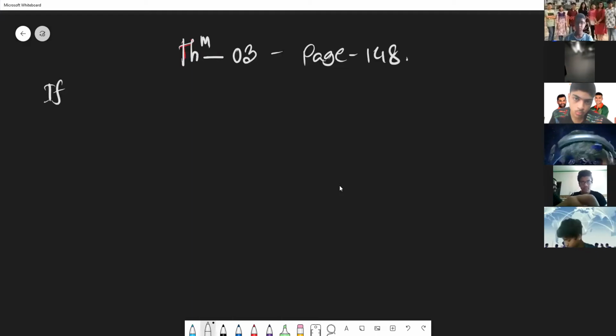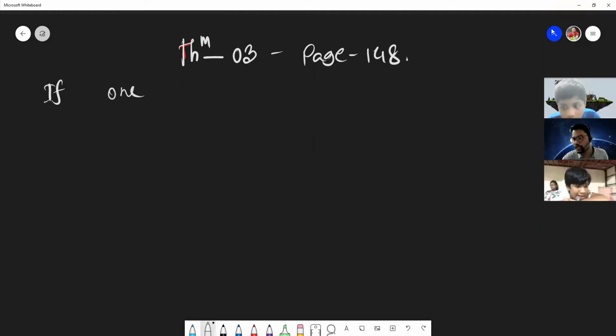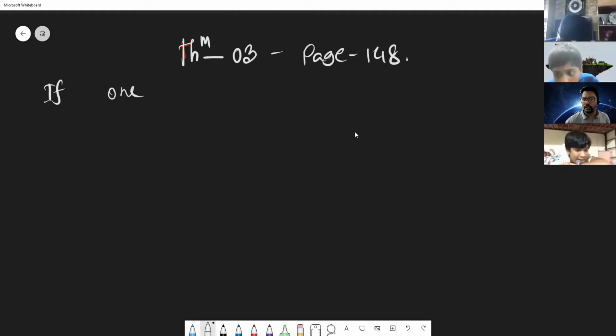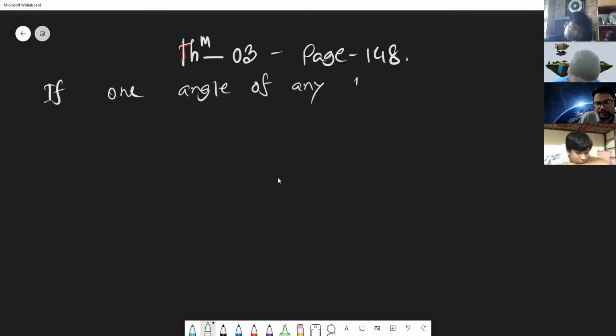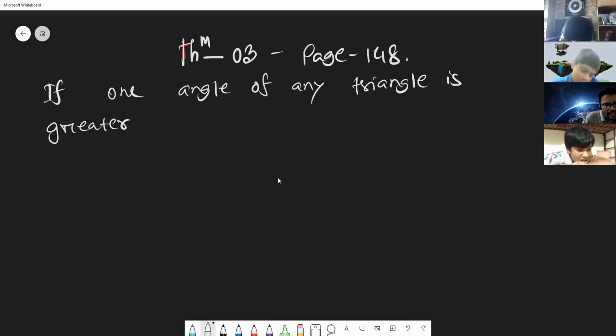If one angle of any triangle is greater than another... This is just the opposite of theorem number 2.